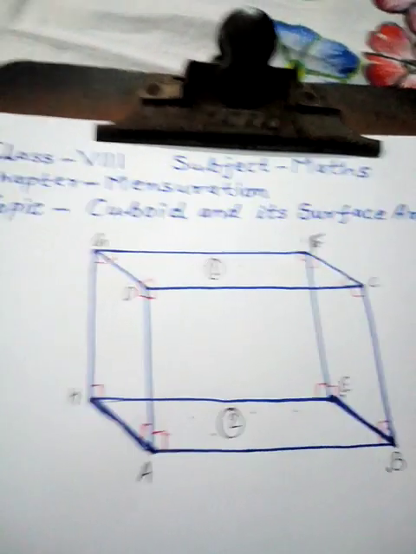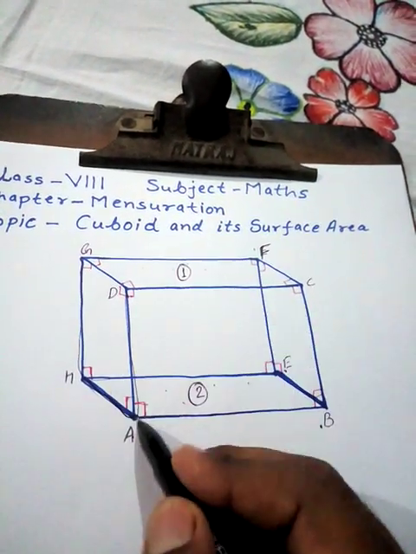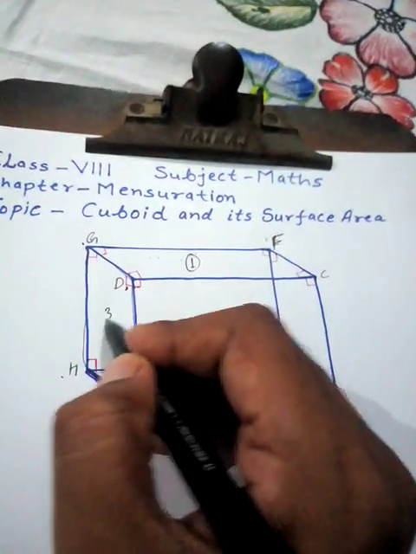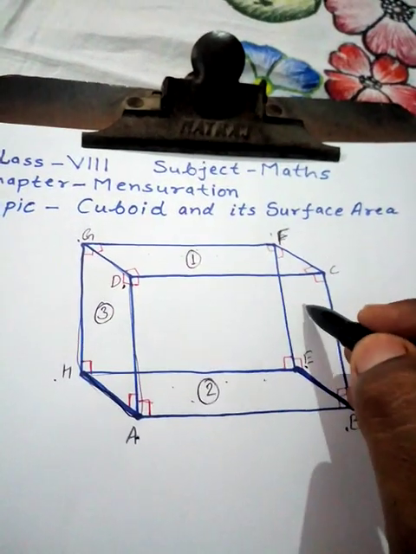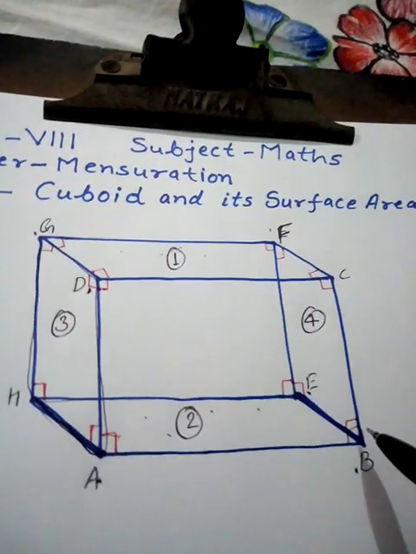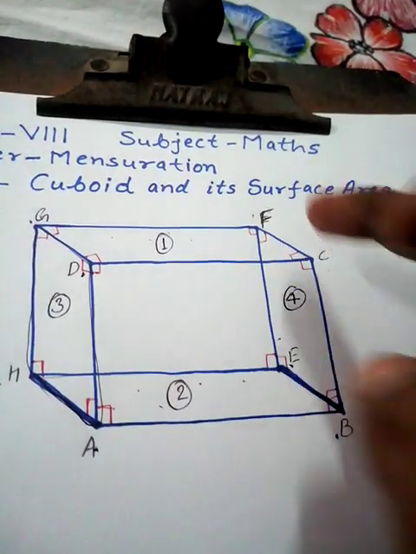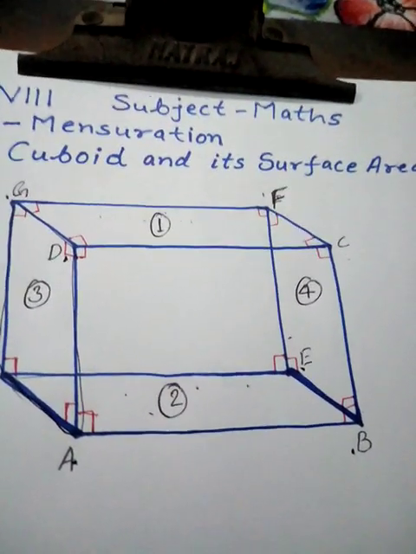Likewise, you can see this plane surface, A, D, G, H, and opposite of this is surface number 4, B, E, F, C, or B, C, F, E, whatever you name it.